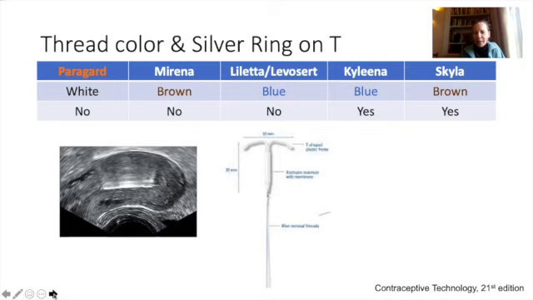The hormonal IUDs a little bit harder to see on ultrasound. So Kyleena and Skyla, the two newer hormonal IUDs, have added a ring on the T, which aids in the identification of these devices by ultrasound. All of these are very easily picked up with X-rays and can be safely imaged using MRI if you have questions about where the IUD has landed. Next slide.